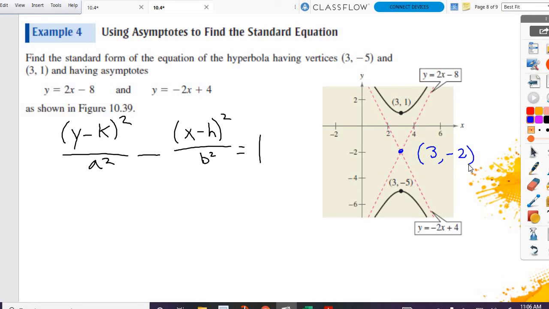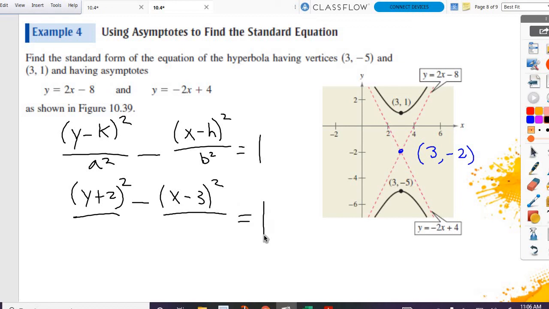So then we can plug that in for H and K. Be careful, because remember, which one of those is going to go with my y value? The 2, yes. Because even though my y comes first, it still gives me the y value for my center. And then I would have a minus x minus 3 squared.